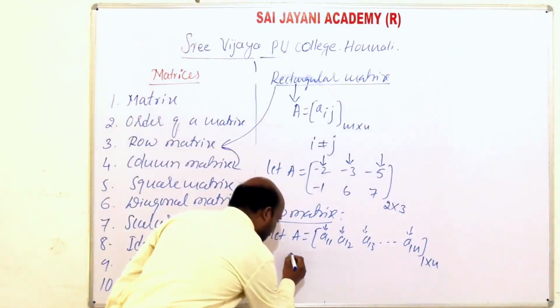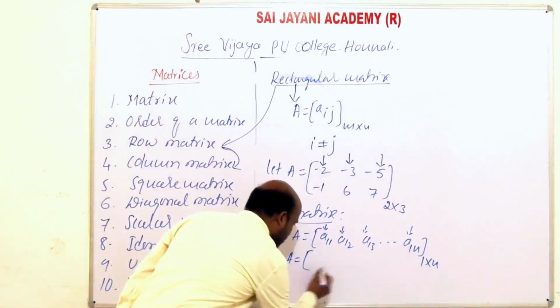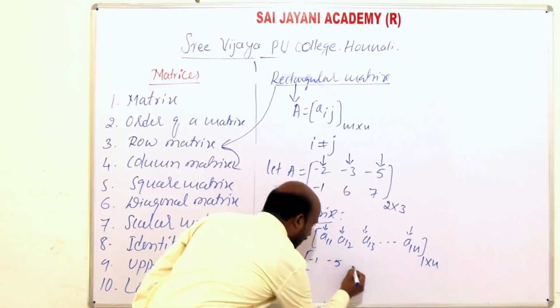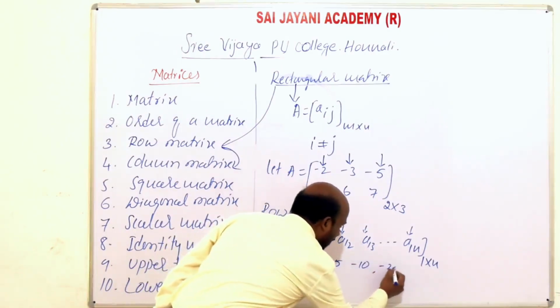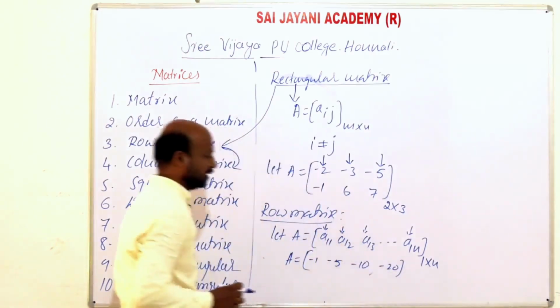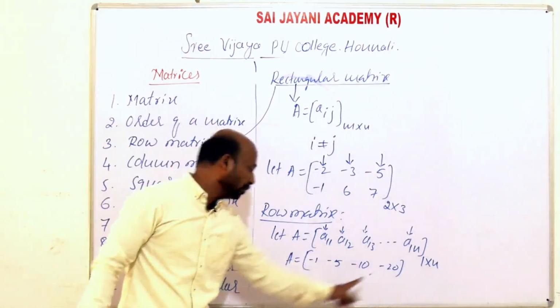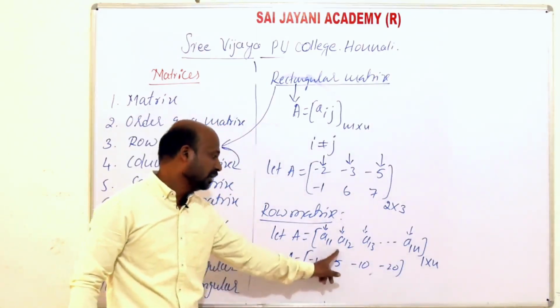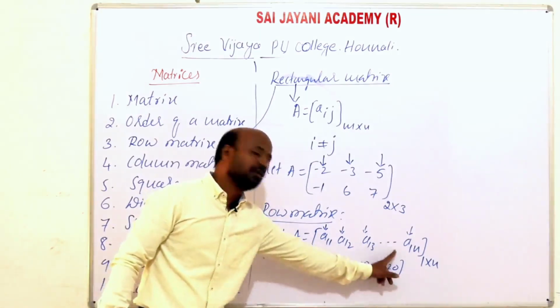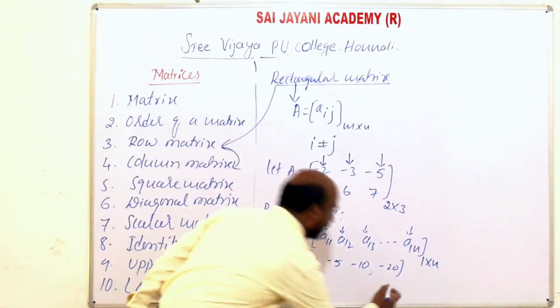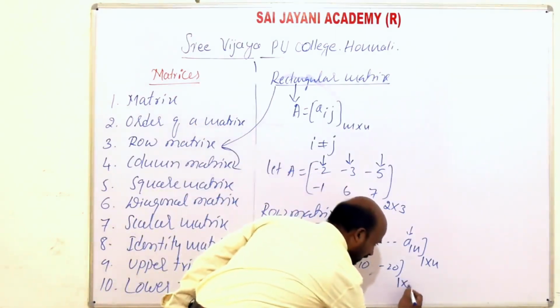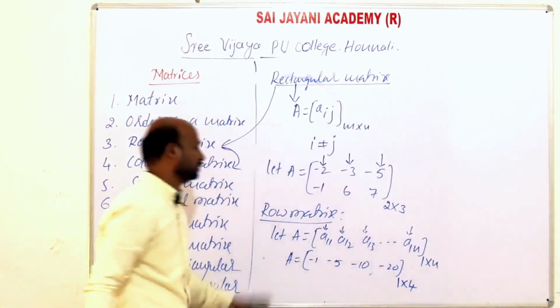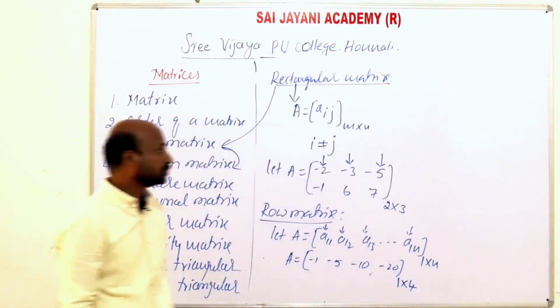Particularly, we can take the matrix A = [-1, -5, -10, -20]. It has only one row, but four columns. So its order is 1 by 4. That is a row matrix.